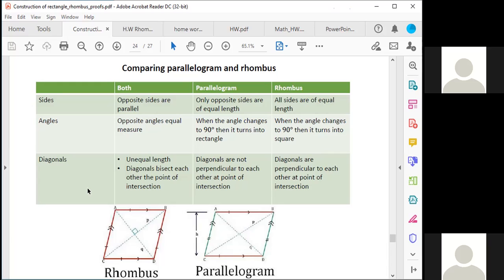So yeah. Now again, for parallelogram, you cannot say diagonals are not perpendicular. Okay, they can be. So what you need to say for parallelogram is that diagonals bisect each other, which is also true for rhombus. So for parallelogram, it will be diagonals bisect each other, and for rhombus, diagonals bisect each other at right angle, or diagonals are perpendicular bisectors of each other.